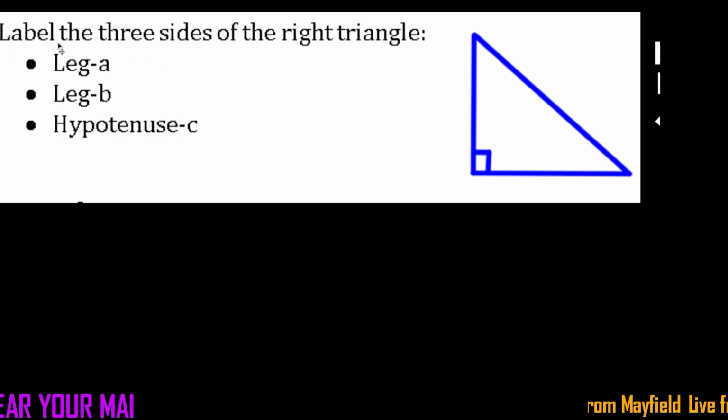When you go to label this, make sure you can see these sides. Always be able to identify that right angle, which is what that box means.